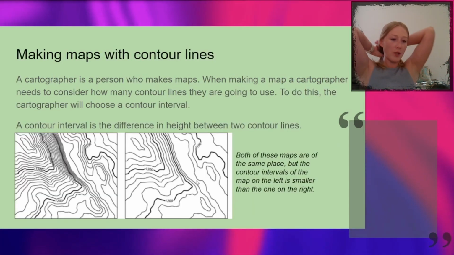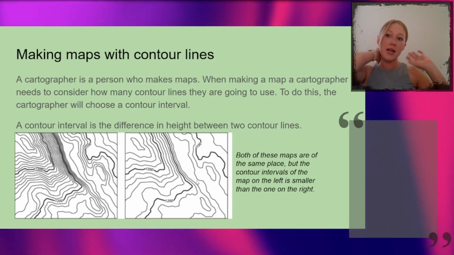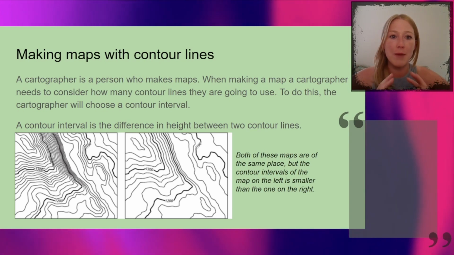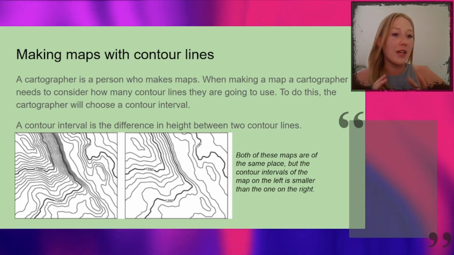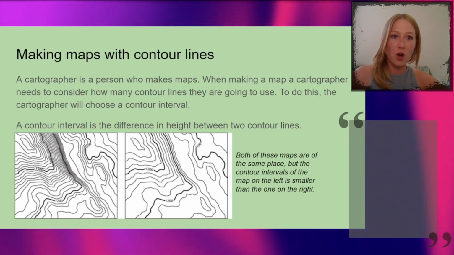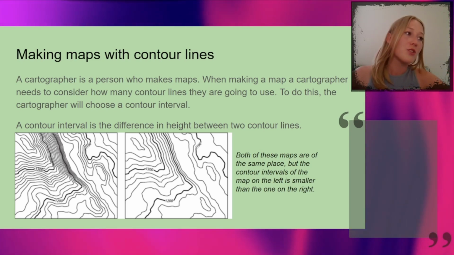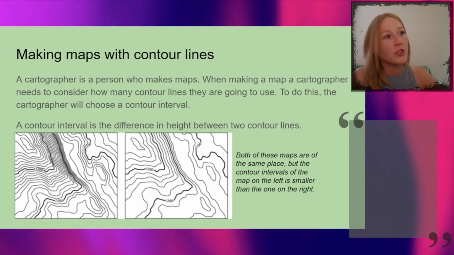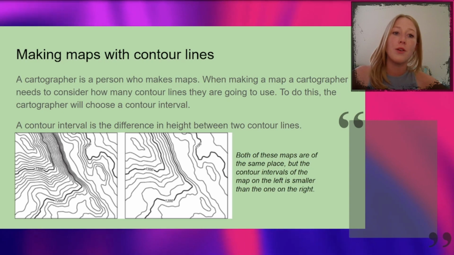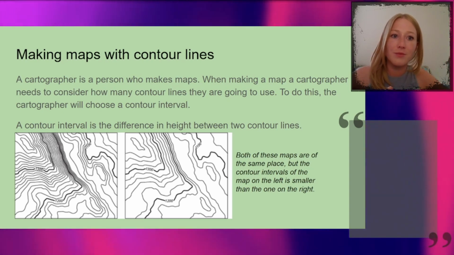When we're actually using contour lines in a map, we don't want to use so many contour lines that the map looks completely cluttered. That is where we need to consider the interval of each contour line. In the Minecraft version, each jump, or each block, was 1 meter.